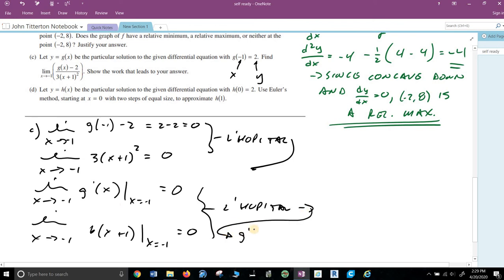You get the second derivative of g, limit as x approaches -1, so you plug in x equals -1 and y equals 2, and you will get -2. And then the bottom, you take the derivative, you just get 6. So final answer is -2 over 6, -1/3.